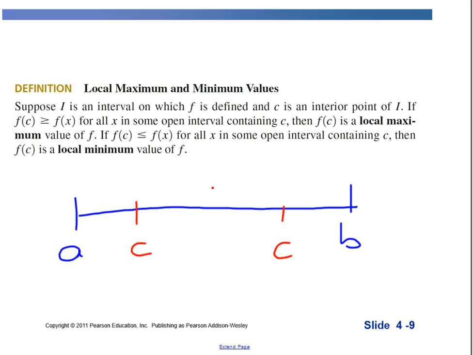We just have some point C in between A and B. So now if we evaluate the function at f of c, it's just saying that that's the largest point, then it's a maximum. Call that one C1 and we'll call this one C2. If there's some other point on the graph, it just means that it's the smallest point. Well, it's hard to see with my pen here. But if it's the smallest point on the graph, then it is a minimum.